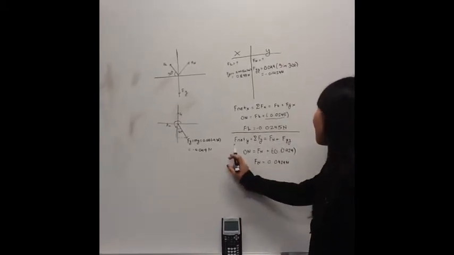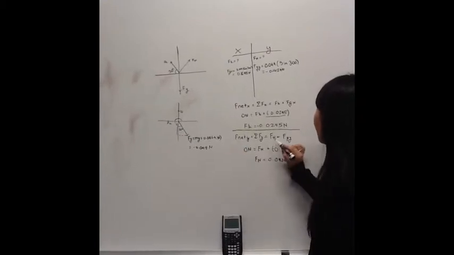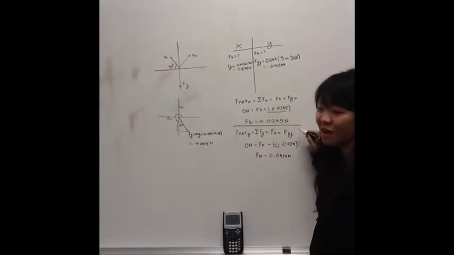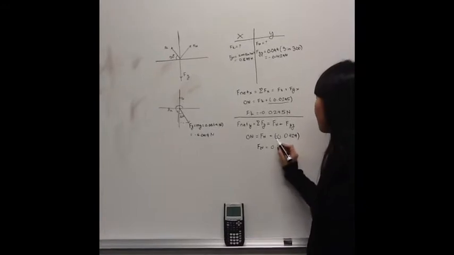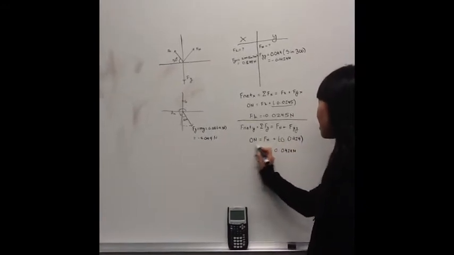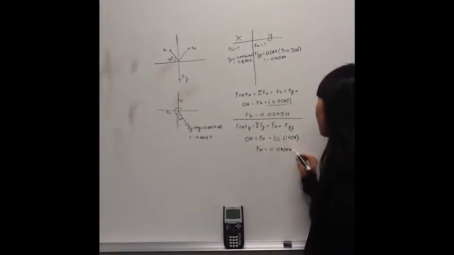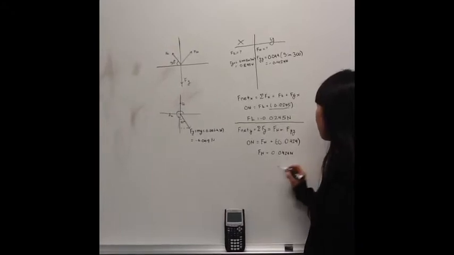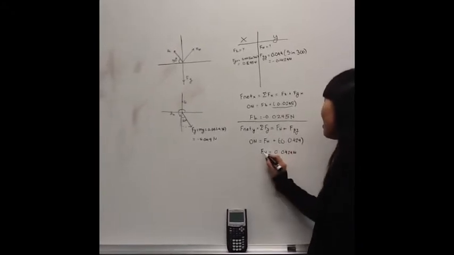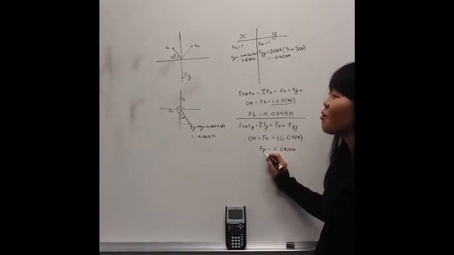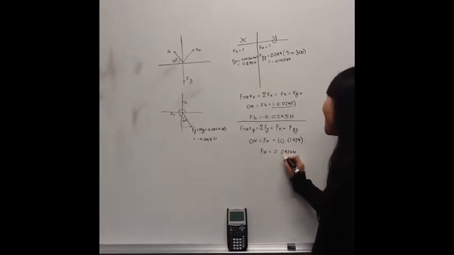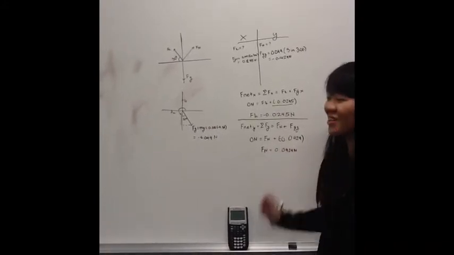You do the same in the y direction with the normal force plus the force of gravity in the y direction, set it to 0, which gives you Fn plus negative 0.0424. You solve it, and the normal force equals 0.0424 newtons.